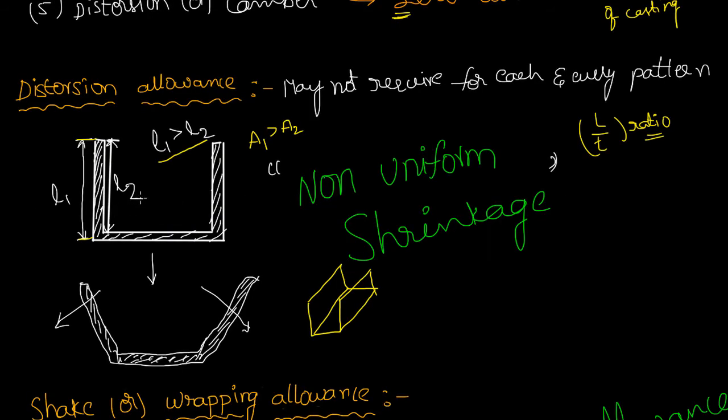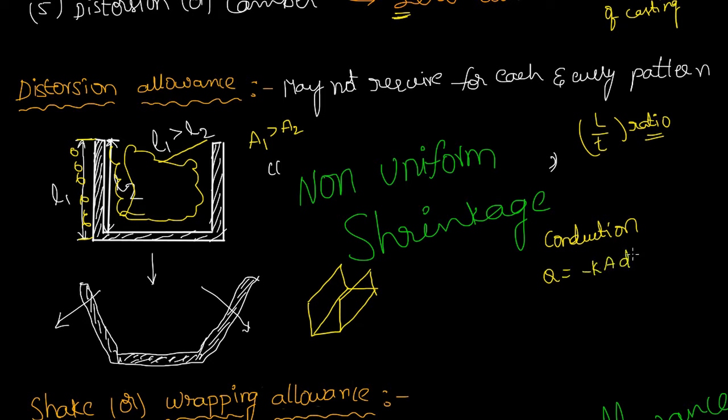Because, for example, assume a sand casting. The sand is on this surface, and also present here, right? The main mode of heat transfer here is conduction. We know from the conduction equation, heat loss is equal to K A dT/dx, right? dx means thickness of wall.